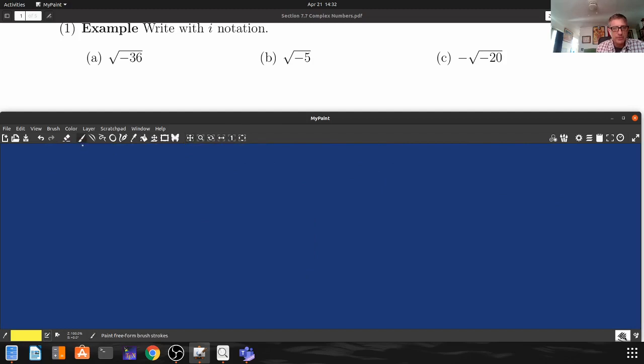Using that rule, in B, again, the square root of minus 5 is not a real number.